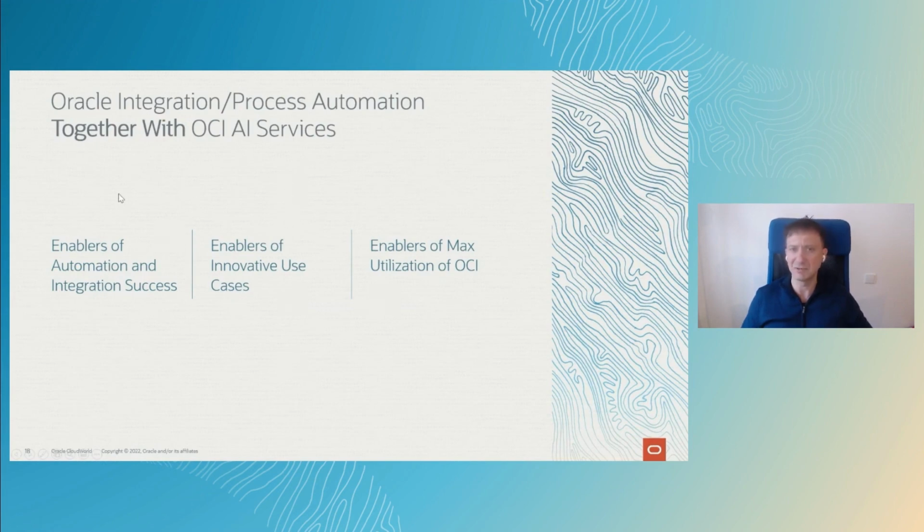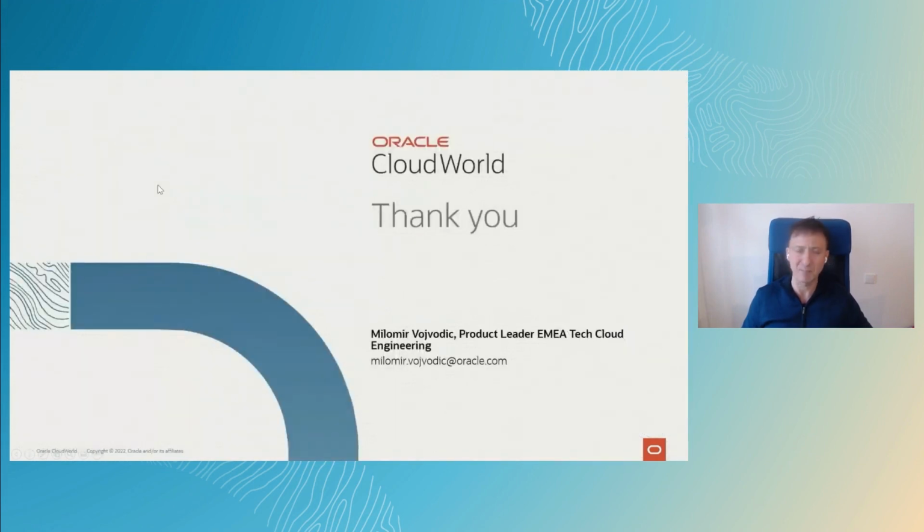And finally, using them together, OCI services and Oracle process automation and integration, our customers have an enabler for the maximum utilization of Oracle Cloud Infrastructure and all the data processing that they would have there. You even saw in this demo at a couple of places we started to aggregate new data by just having a human intervention or some step in the flow that we want to use later on to retrain the model, and start collecting the data immediately as we are processing it on the cloud infrastructure.